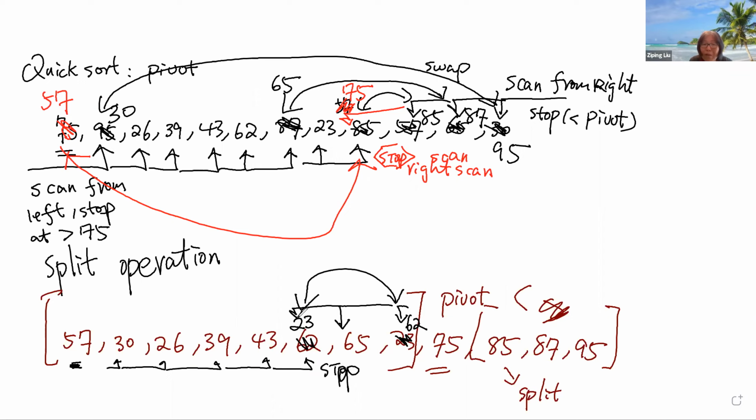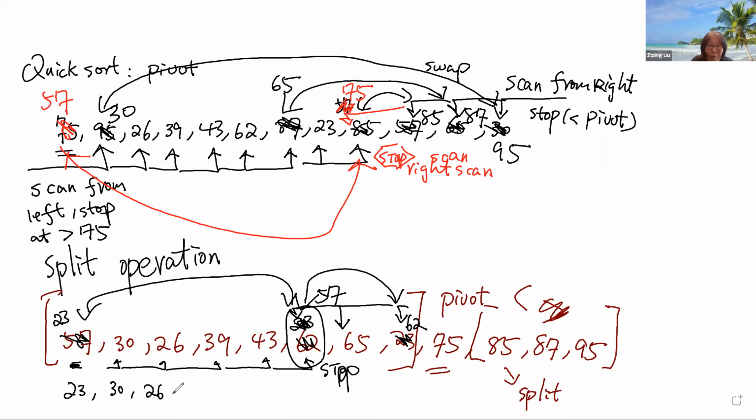This should be the location for the pivot, so I'm going to swap these two numbers. Here is 57, and here is 23. If we rewrite it clearly: 23, 30, 26, 39, 43, and then 57, 65, 62.